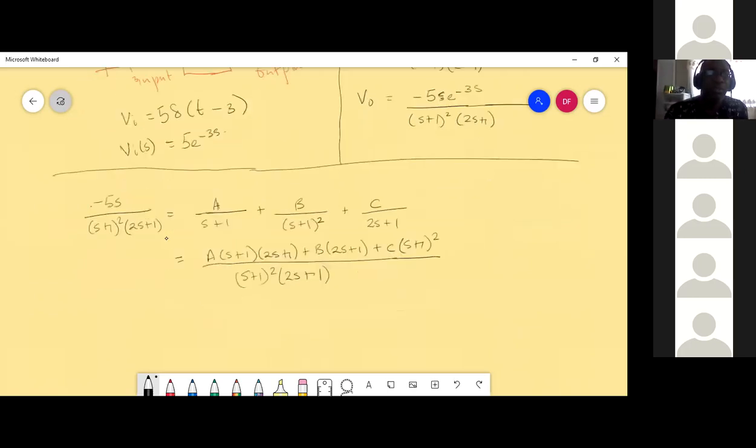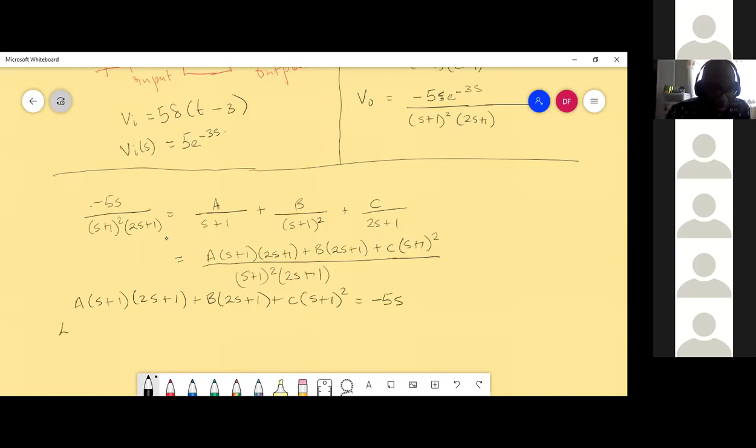So therefore, we can write that A(s plus 1)(2s plus 1) plus B(2s plus 1) plus C(s plus 1) all squared is equal to minus 5s. Yes.